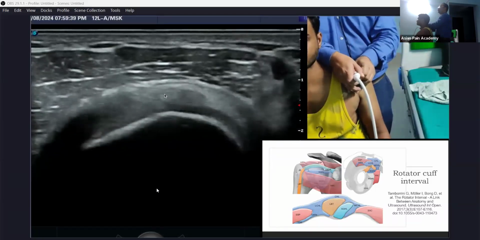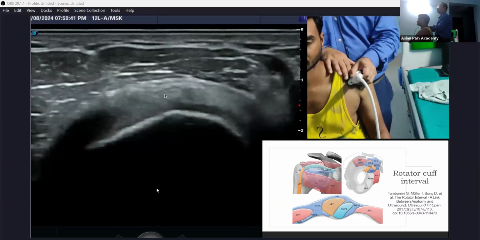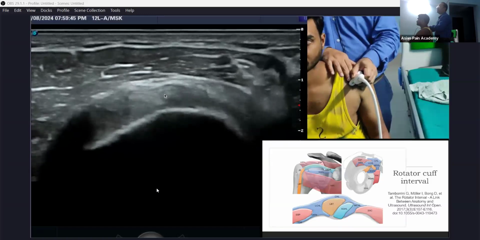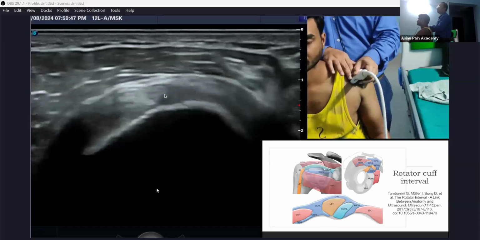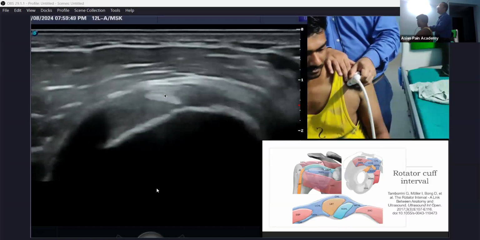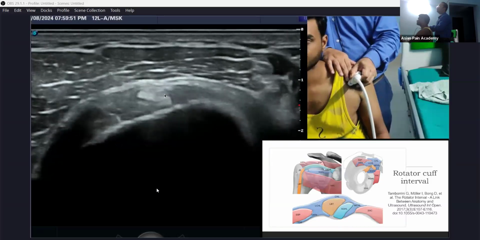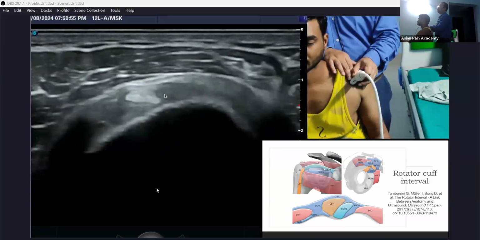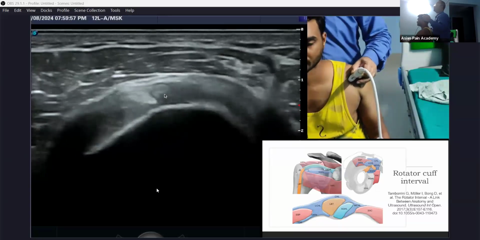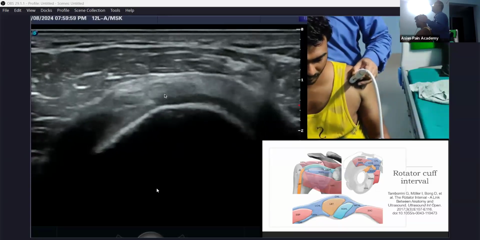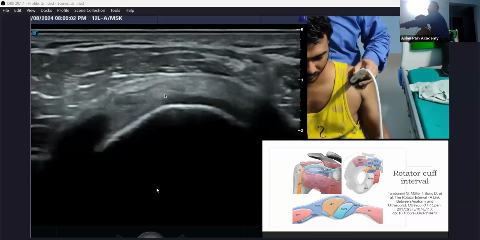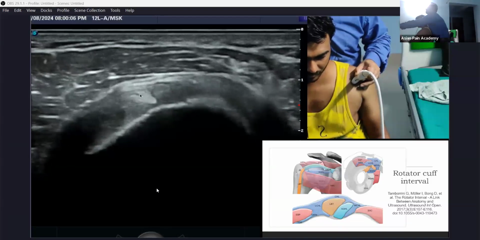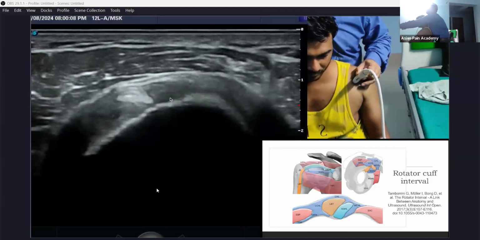Now try to understand the picture. On the right side you are seeing the supraspinatus in a short axis view, and on the left side the subscapularis muscle. In between it is the biceps tendon.